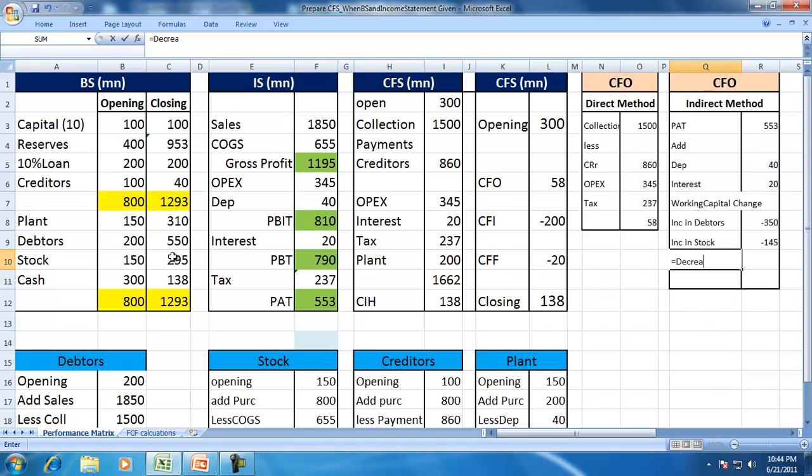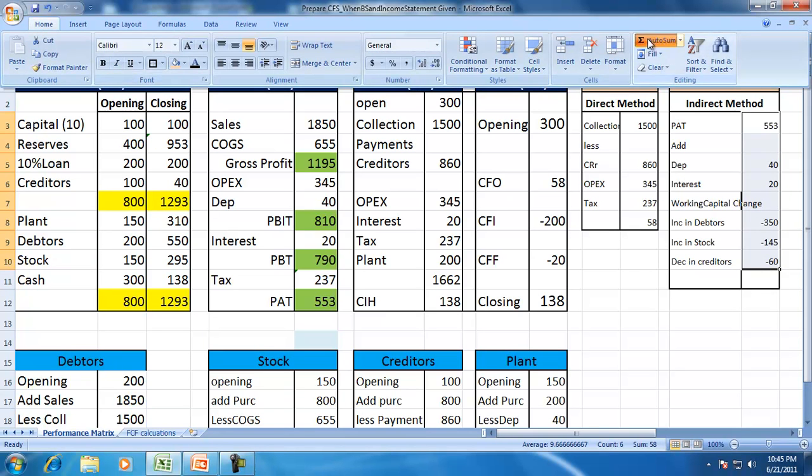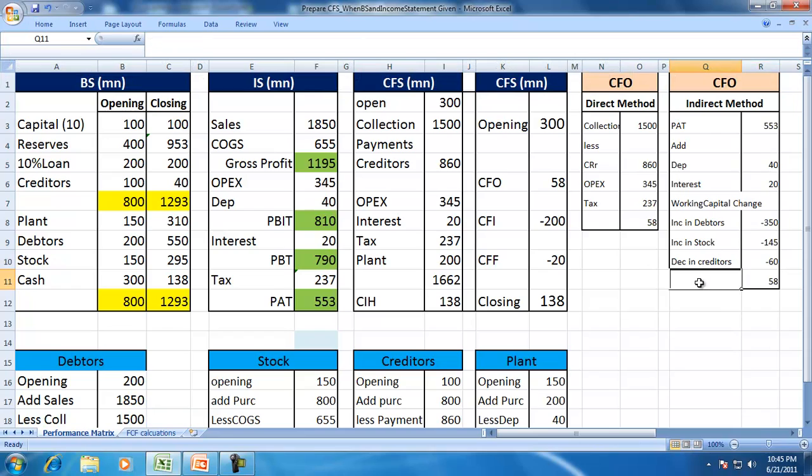And decrease in creditor means you paid money during the period. If I sum them all together, we will get the cash from operation.